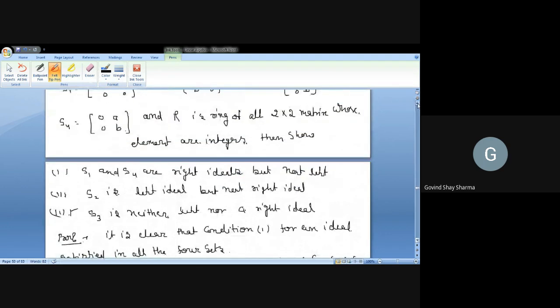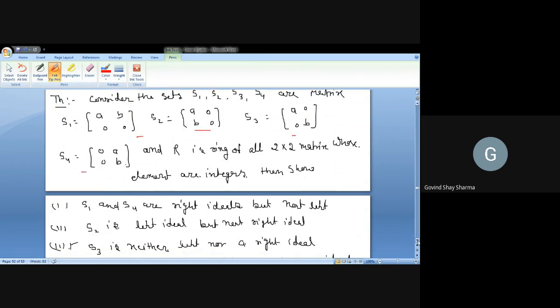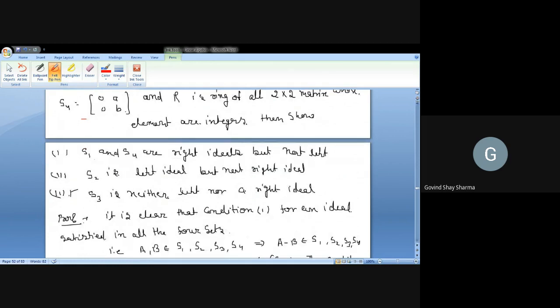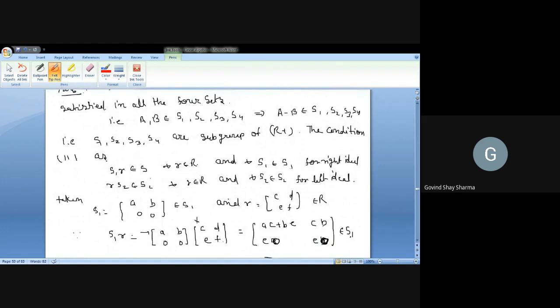here is the question: consider the sets S1, S2, S3, S4. We have to show that S1 and S4 are right ideals and S2 is a left ideal. For that, we know that matrix multiplication is not commutative. So here we take R from the ring, and the S1 element is of type A, B, 0, 0.